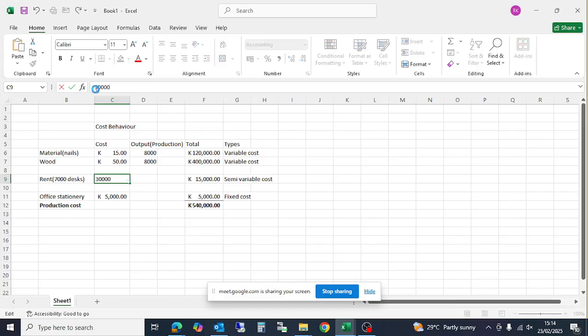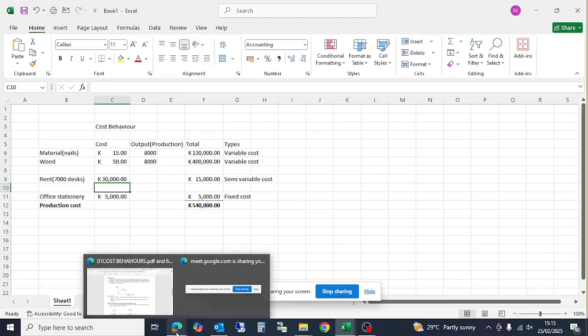Yeah, so this is what makes it semi-variable, because it's fixed up to 7,000 desks, but immediately it hits 7,000, that's the limit. For us to produce some more desks, we'll have to rent another building because our factory will be full by then. We need some other space to do our manufacturing from. So that makes it semi-variable.